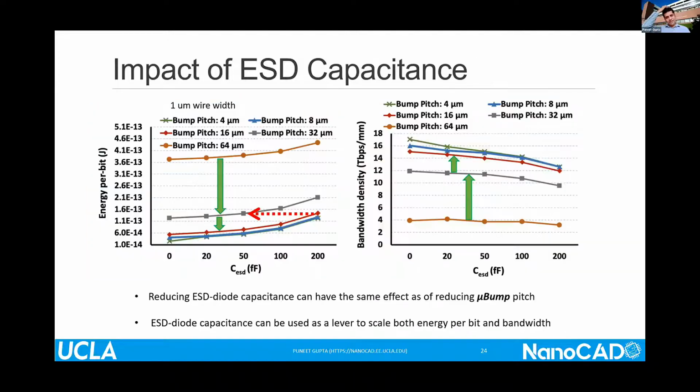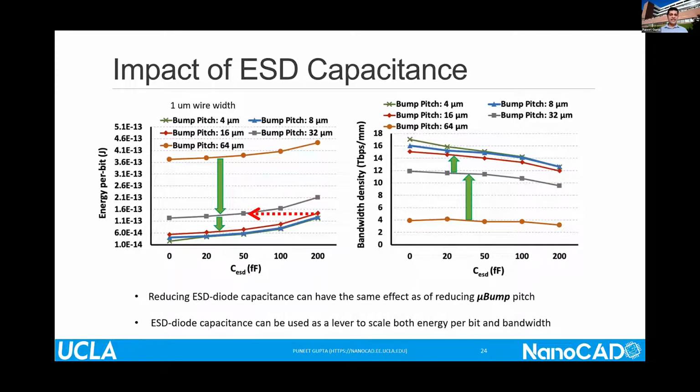And there also we looked at this, and essentially you can see here that depending on what level of protection is needed, it can start hitting both energy as well as bandwidth metrics by 20, 30, 40% type of numbers, just the ESD cap.